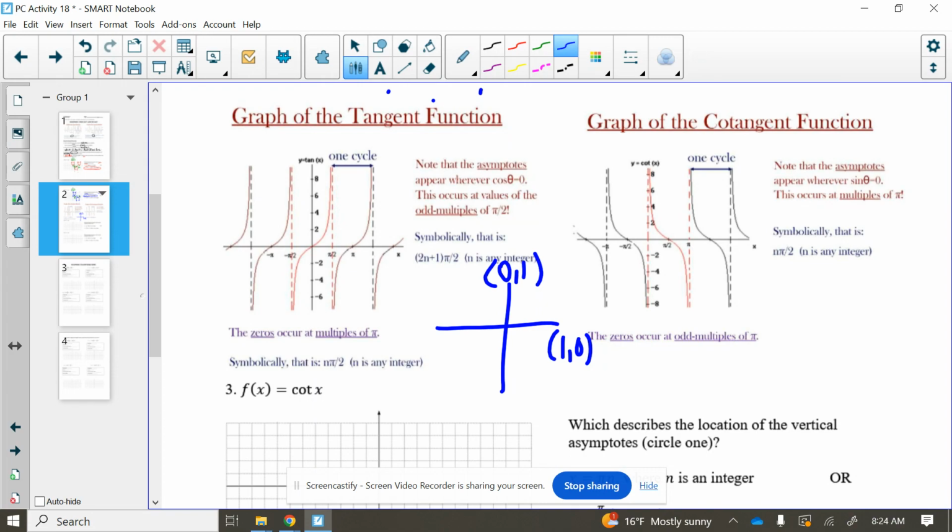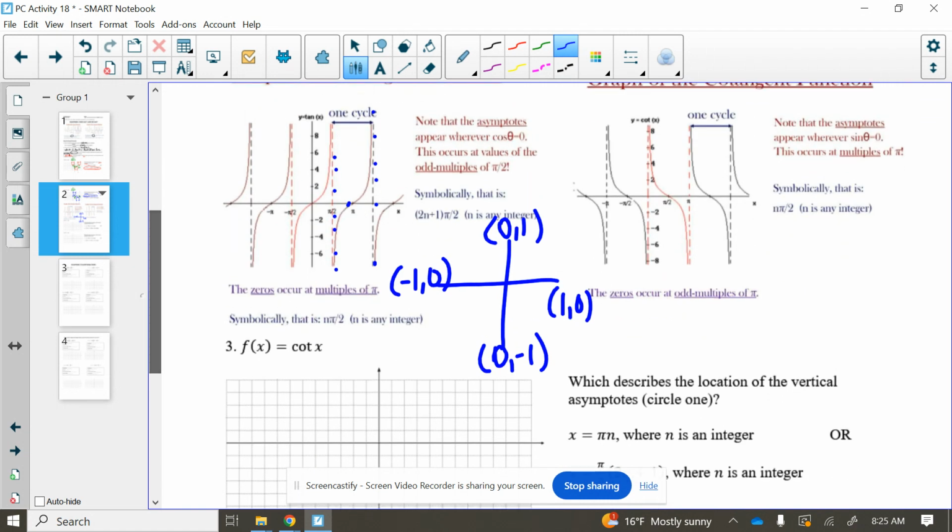So that's why we see for tangent this vertical asymptote through pi over 2. Then we get to pi, where we would take 0 divided by -1, so that would just be 0. And then down here we have 0, -1, so again, -1 divided by 0, we see that vertical asymptote because that's undefined, back to 0. So we see this shape of our tangent graph taking shape here.